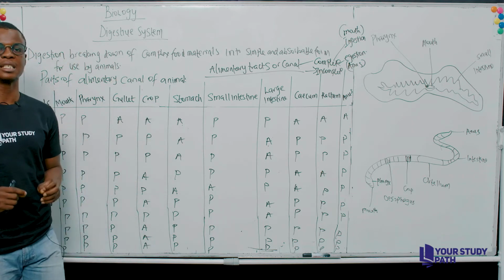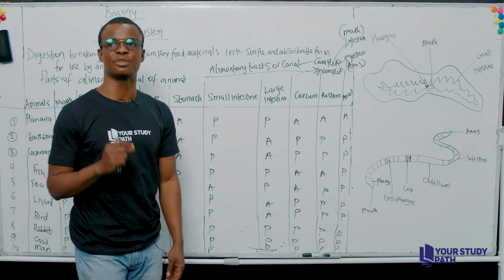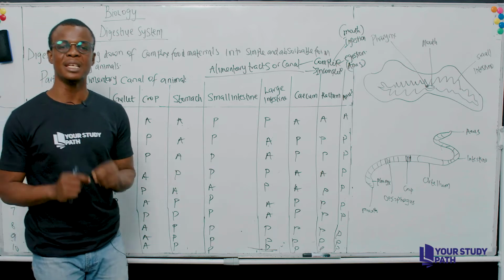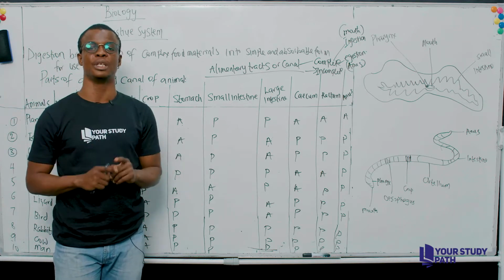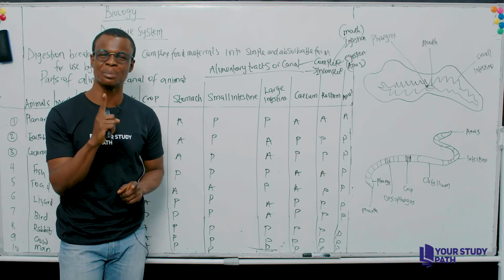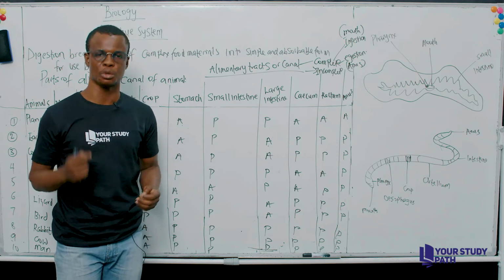Then for the incomplete digestive tract or incomplete digestive canal, right, these are organisms that have just one opening, one canal or one tract that is responsible for intake of food and also responsible for egestion.